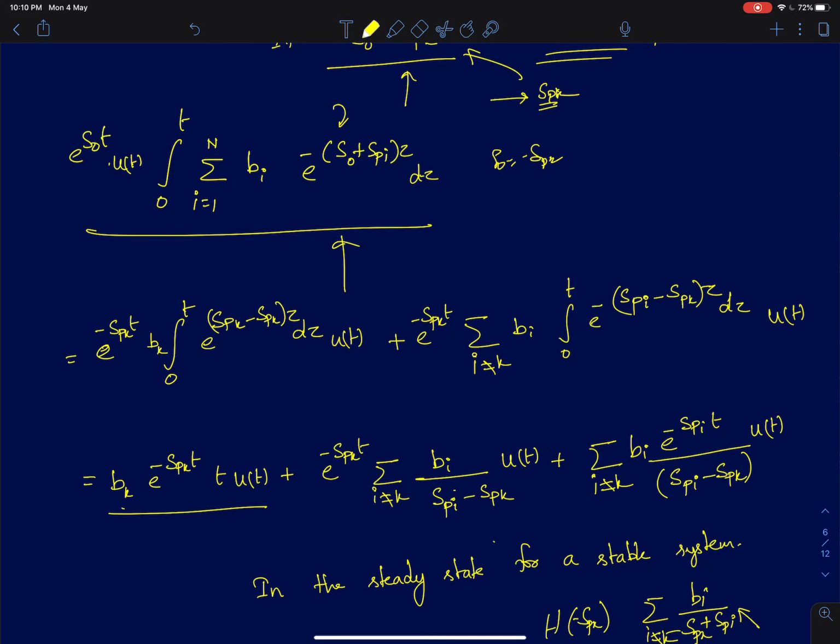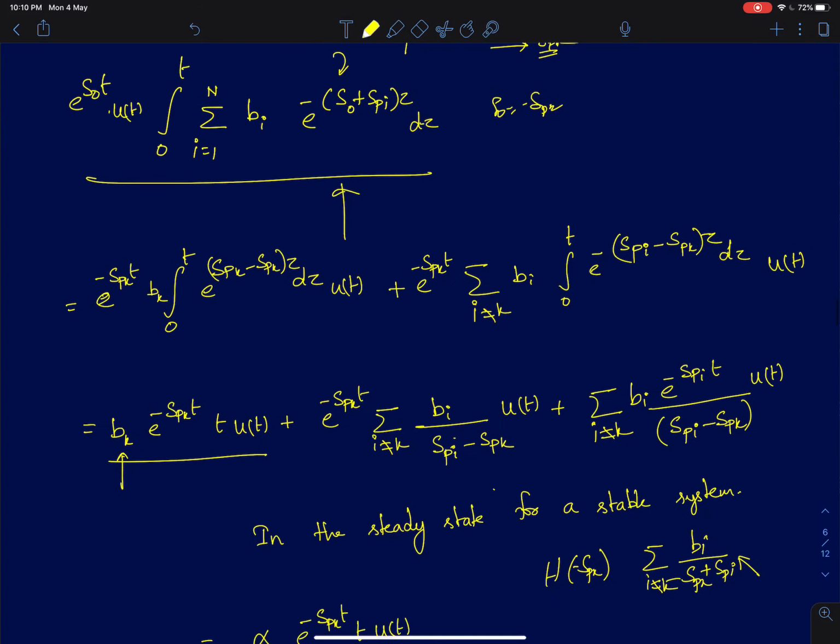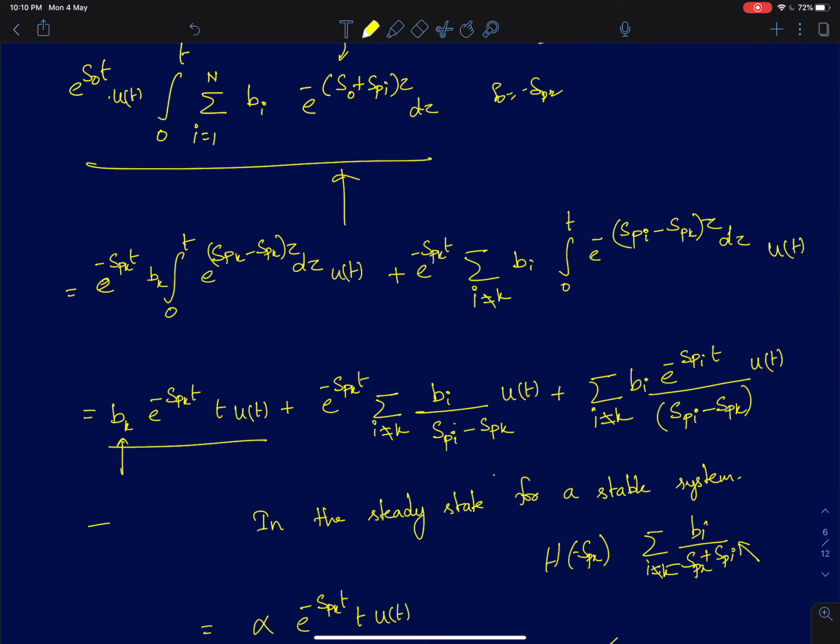Okay, so here, B_k represents, as we said, your transfer function H(s) can be represented as a sum of n single pole systems with coefficients given by B_i, so this will be s plus s_pi. Your B_k is the coefficient for the kth pole, the pole s_pk.